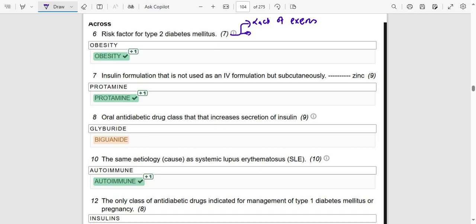Okay, thank you so much. An intermediate acting insulin. What is the gold standard, the first line drug in the treatment of diabetes, specifically diabetes type 2? Let me say that. So, metformin. Thank you so much.